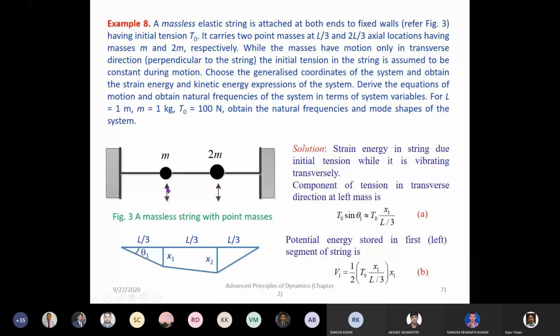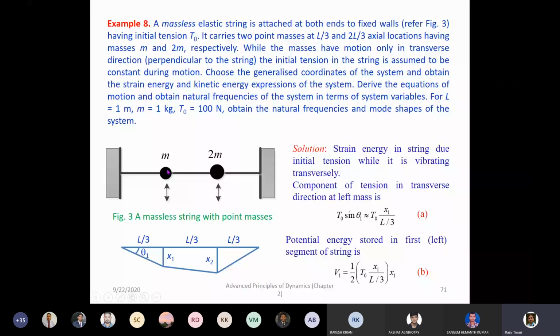So the string, like in a guitar, generally has some tension. The initial tension is T naught, and because of the initial tension, it has stiffness in the transverse direction. If the string is loose, it will not have stiffness in the transverse direction and may not vibrate.